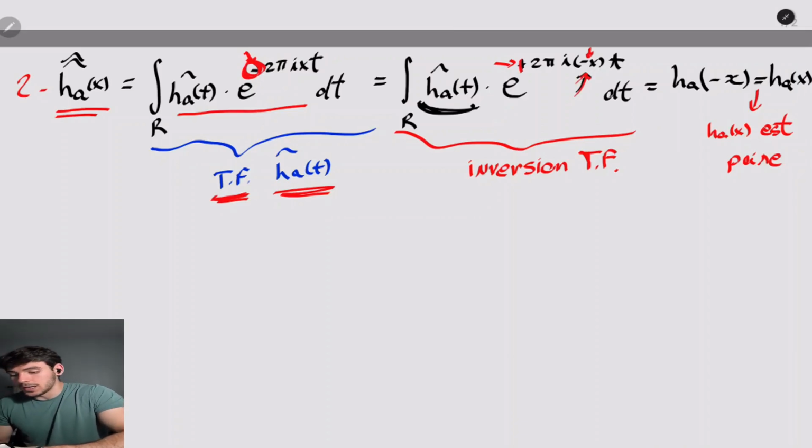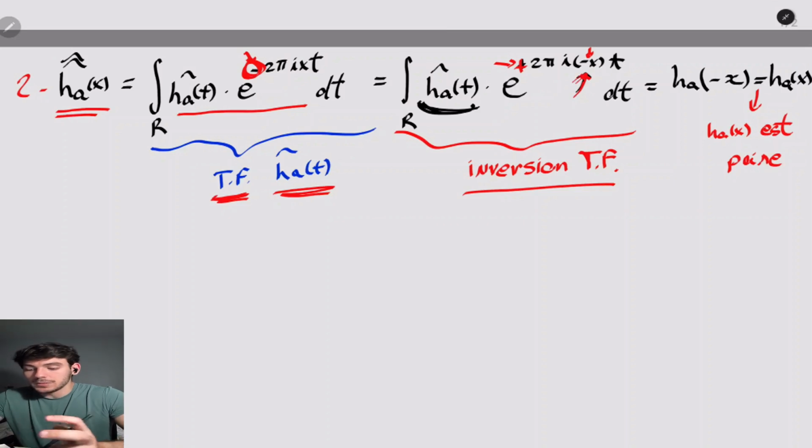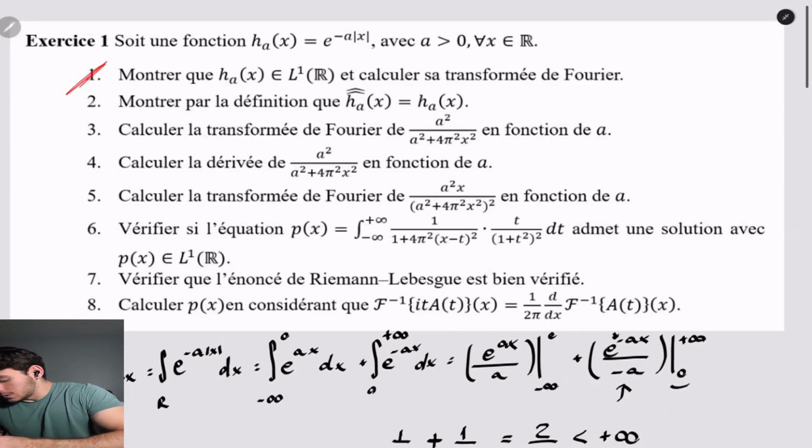And now since we have a plus here, a positive power, that's the inversion. But since we have a minus x, we are not inverting to the original variable x. We are inverting to minus x, but that's the same as h_a of x since the function is even. So that's the process of thinking. All right, so question 2 is solved.